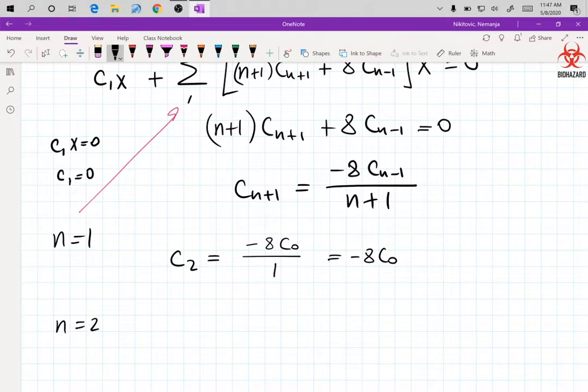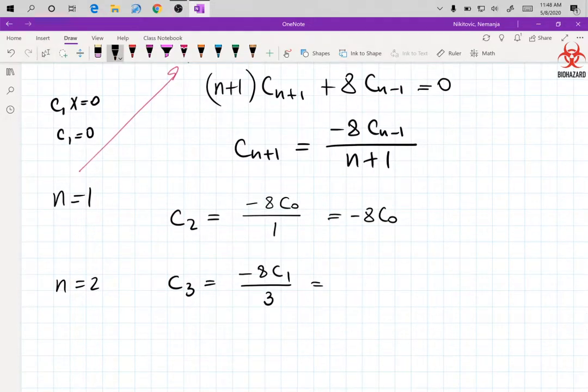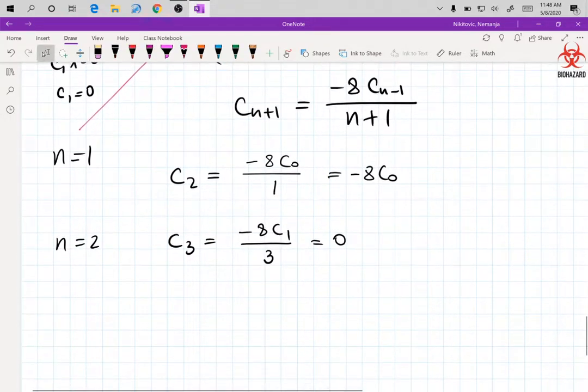When n is equal to 2, you get your c3, and c3 is negative 8 c1 divided by 2 plus 1 is 3, but that one worked out to be 0 because c1 is 0.